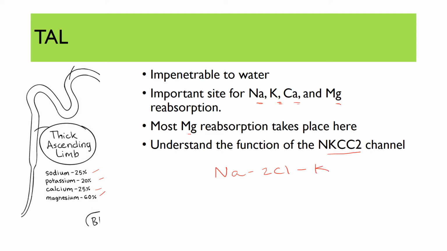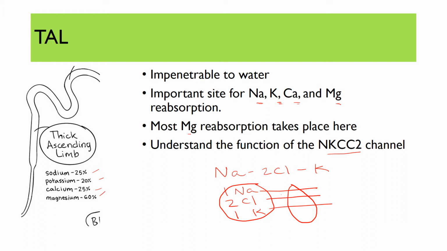It can also be written as the 1 sodium, 2 chloride, 1 potassium channel, meaning that whenever something is moving through this co-transporter, the NKCC2, it involves all 3 of these solutes moving together, such that 1 sodium will use the channel at the same time as 2 chlorides, at the same time as 1 potassium.